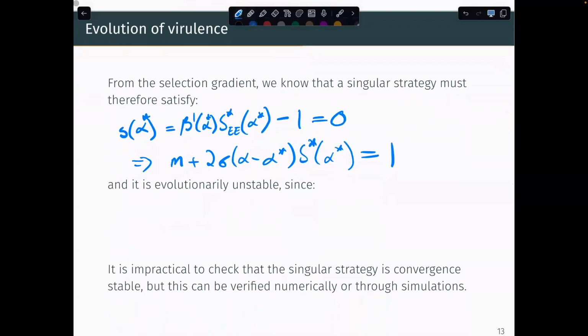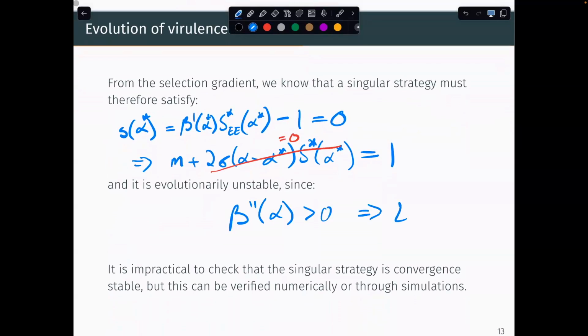We also know that because we've already set alpha equal to alpha star, this is actually going to be 0. We just end up with m is equal to 1. And we've already established that it's evolutionarily unstable because beta double prime of alpha is positive. Okay, so this implies that E is negative.